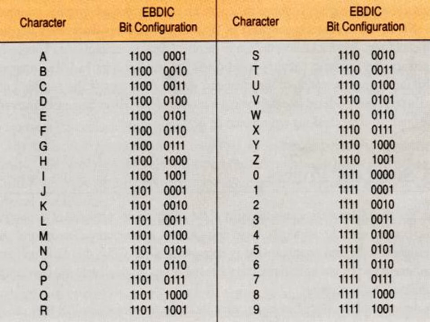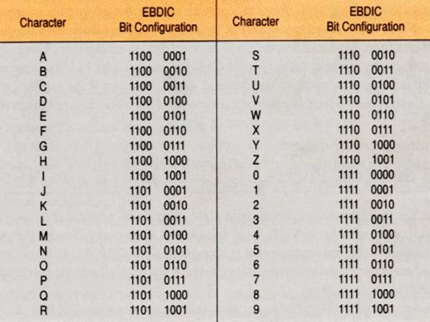In an EBCDIC 8-bit code, the first 4 bits represent the zone code and the remaining 4 bits represent the equivalent binary number. For example, the A to I alphabets use zone code 1100, with binary code from 0001 to 1001.